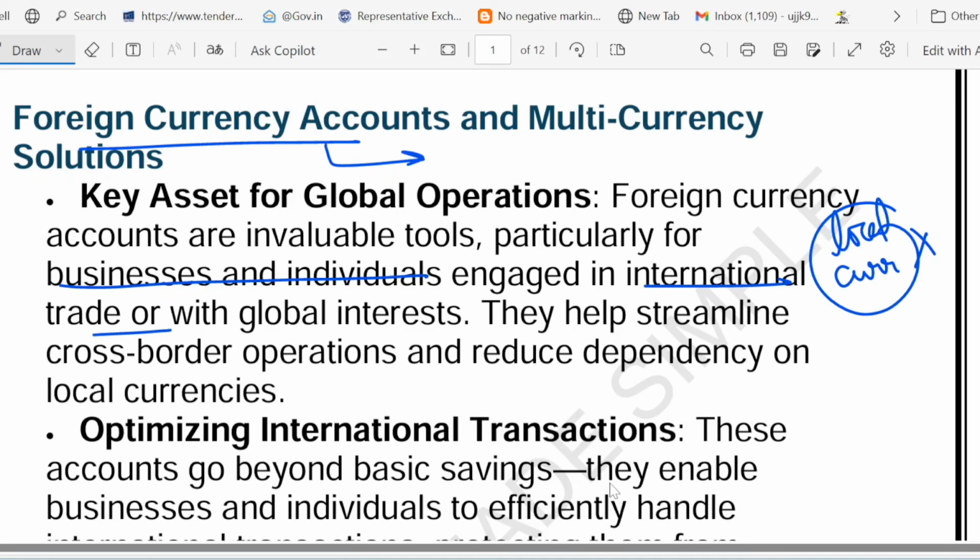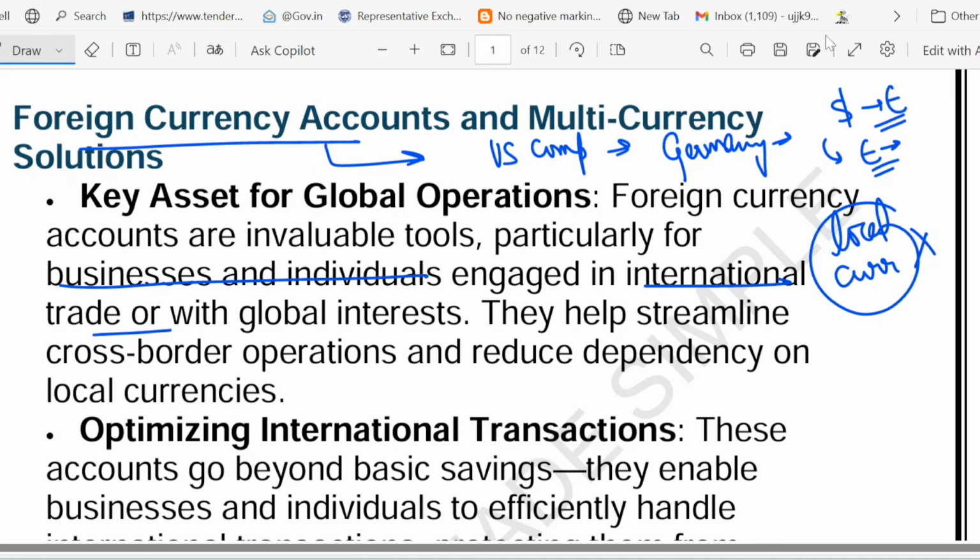For example, suppose you are a US company and you are buying supply from Germany. Instead of converting dollar to euro every time and losing money on fees, and obviously consuming your time, what you will do is maintain euro in the foreign currency account. It will save your time as well as your cost.